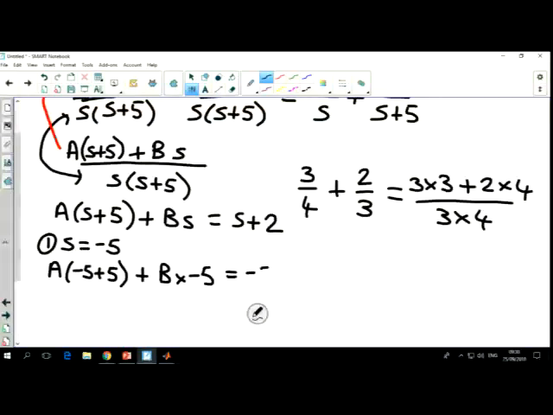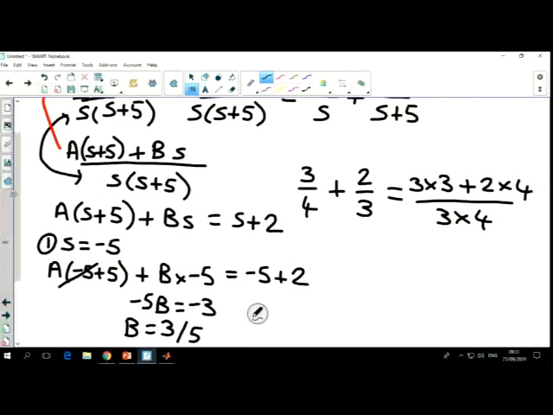Minus 5 plus 5 gives you 0. So this first term is going to be 0, and this second term is going to be minus 5b equals minus 3. Then if we divide that out, we end up that b equals 3/5.